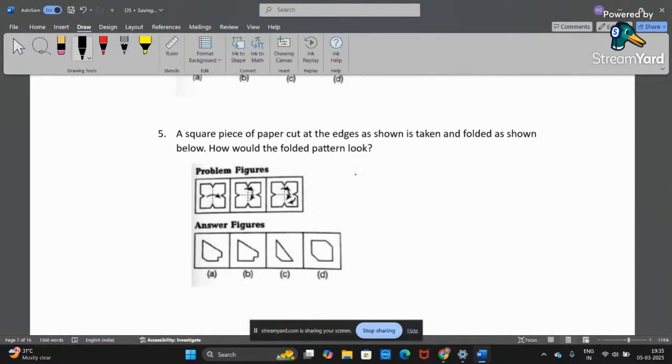Okay, these types of questions are very easy. First they have paper in this shape, then they are folding. After folding, it will be somewhat like this. I'm drawing this diagram after folding. After folding we will get it like this. Okay, then again they're folding downwards, so it will be overlapping.